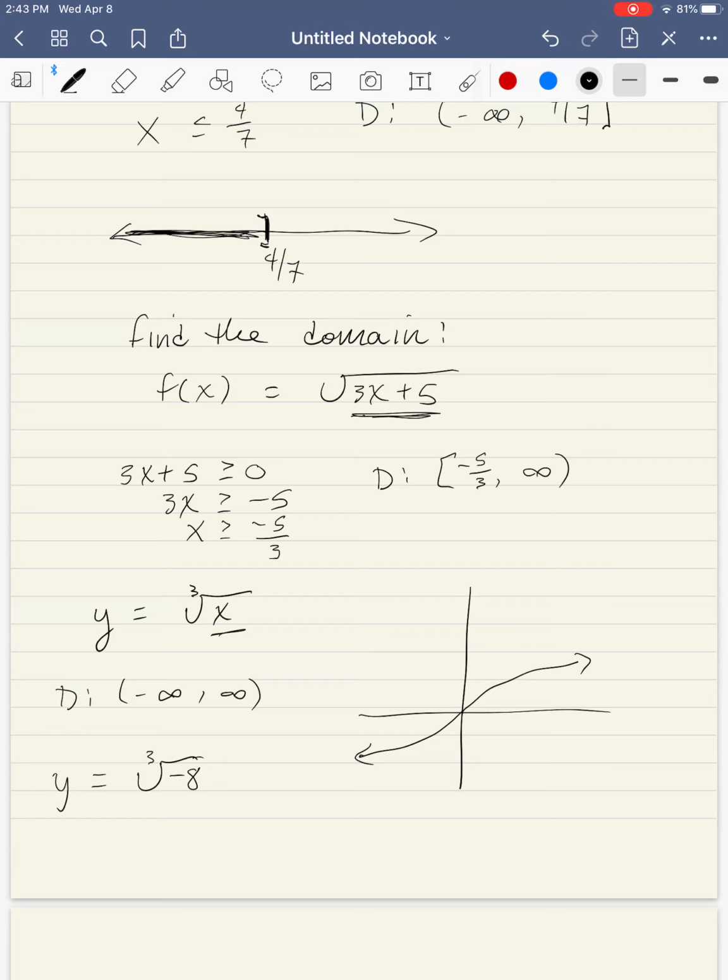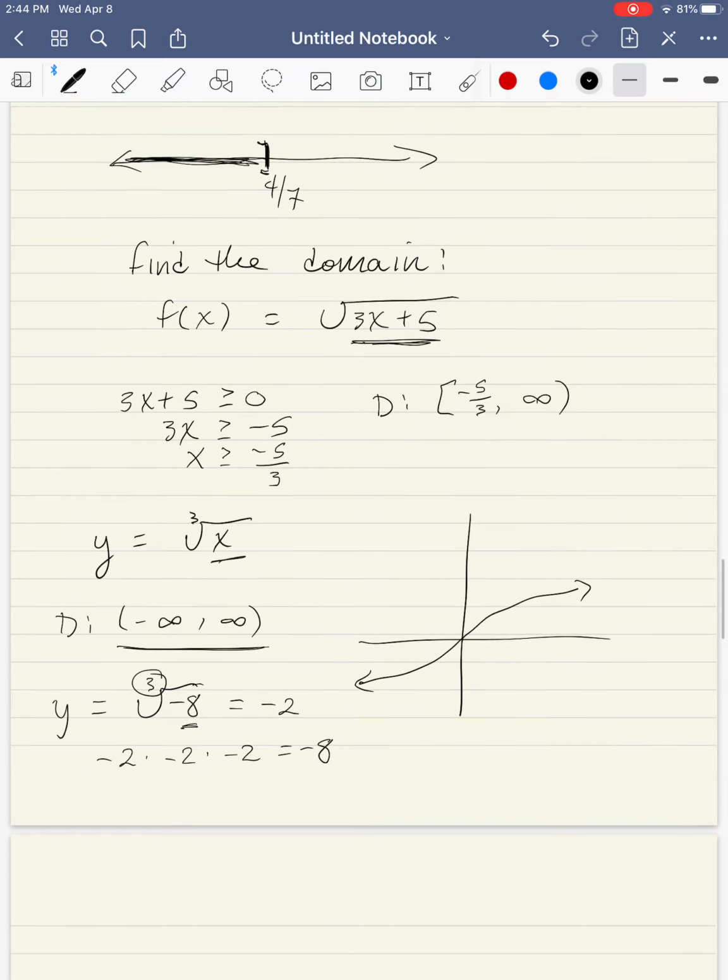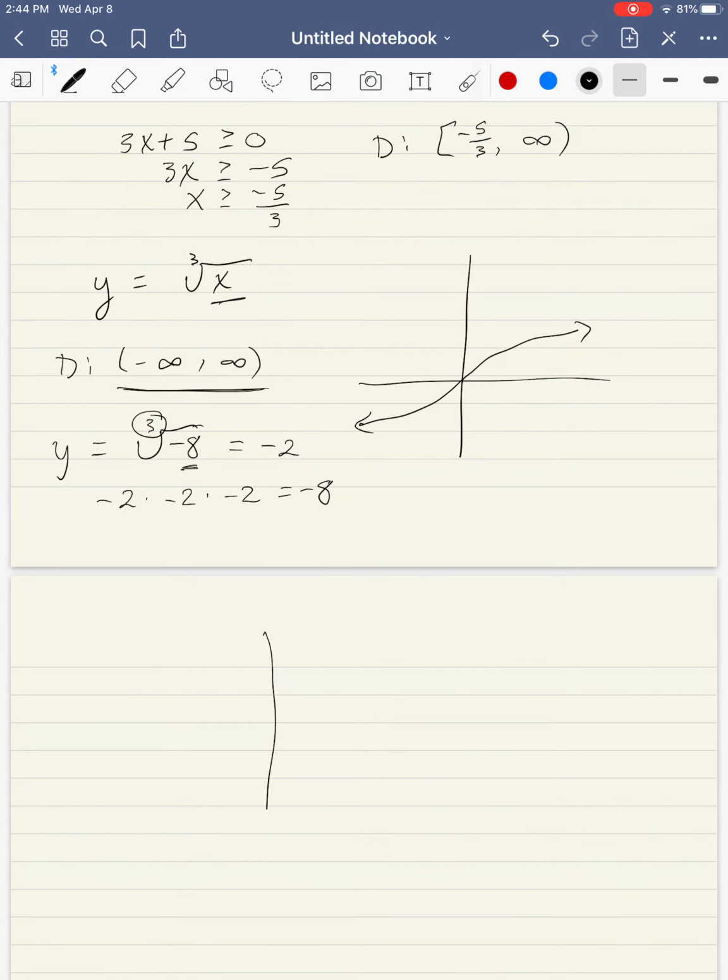That's asking me what number would I multiply by itself 3 times to get negative 8, and that would be negative 2. So the cube root of negative 8 is negative 2. That shows us that we can use negative numbers, positive numbers, and 0, take the cube root, and get a real number answer. So my domain is all real numbers.